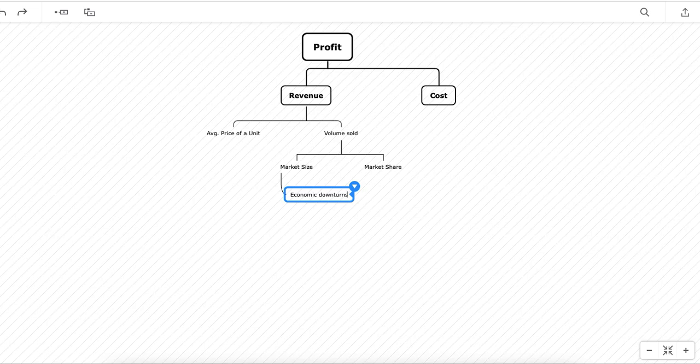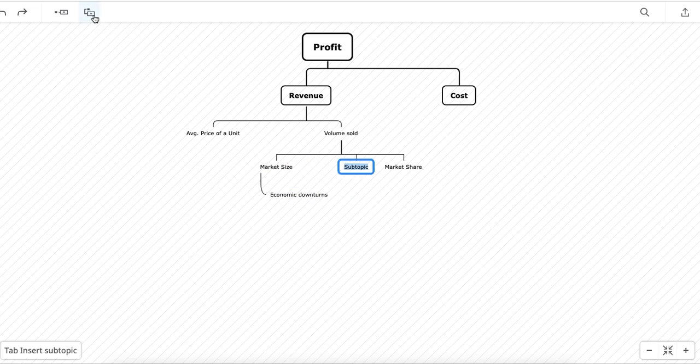Whenever there is a recession, generally the market size of certain types of products decreases. So when there is a recession, there is a lesser chance of buying a two-wheeler or four-wheeler, because most of our money is going into staples and daily spending.